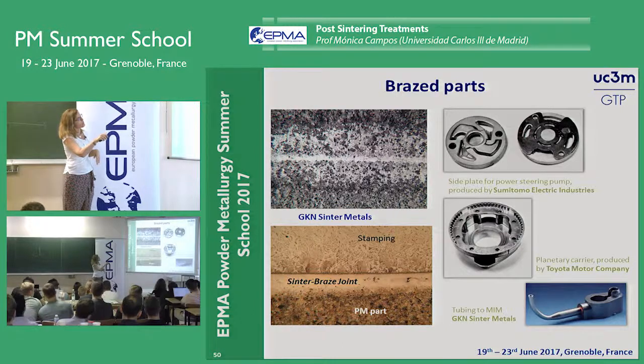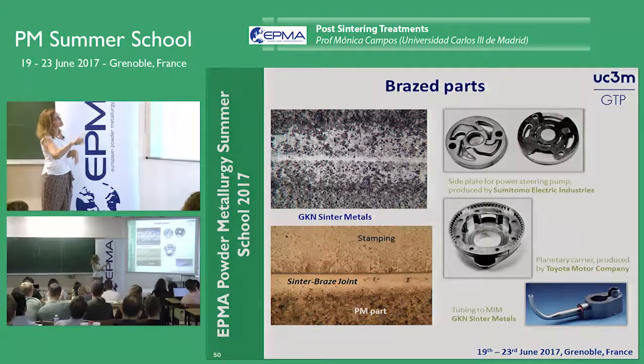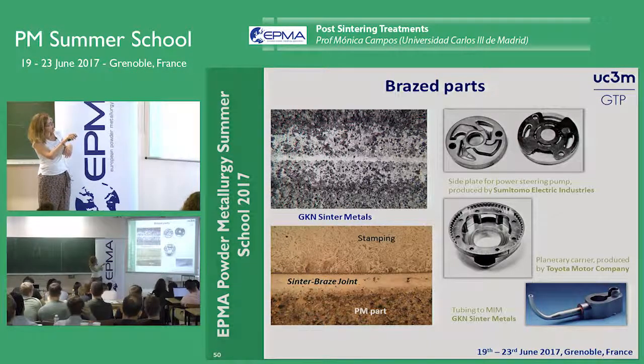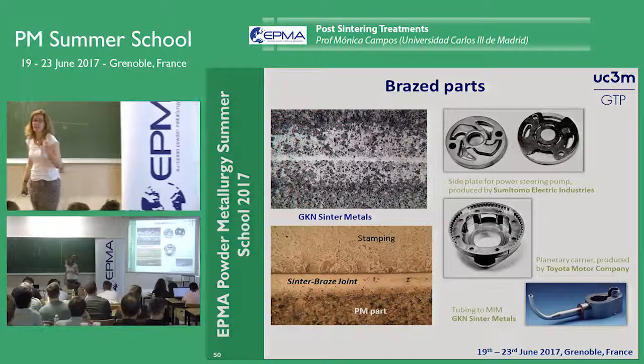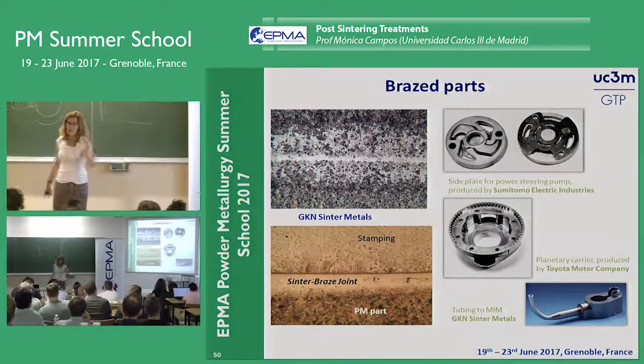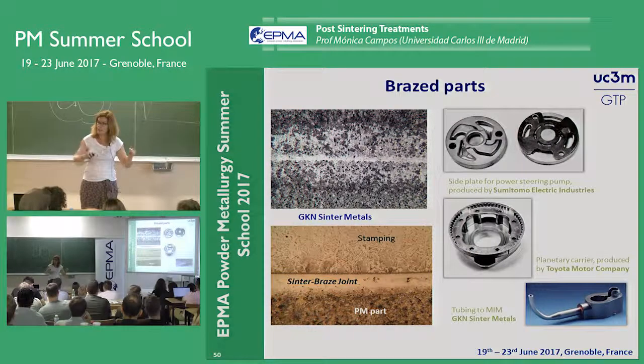This is where the braze is placed, and look at this distance. This distance means that it was able to penetrate into the porosity in that amount of material. It's very important to control the reactivity, the degree of dissolution between the braze and the material that we are using in that case.